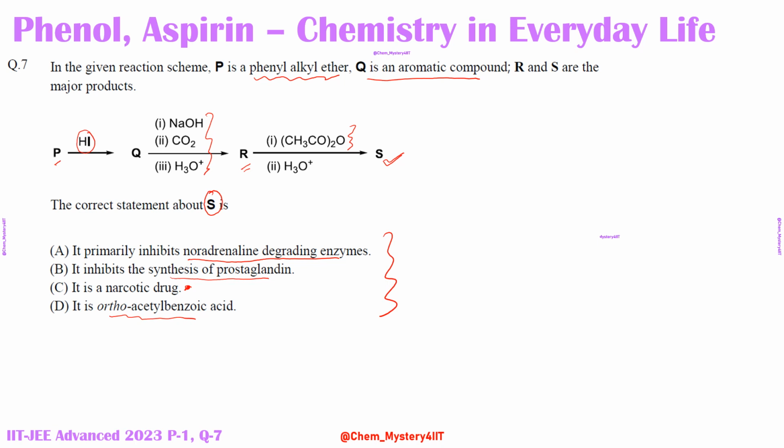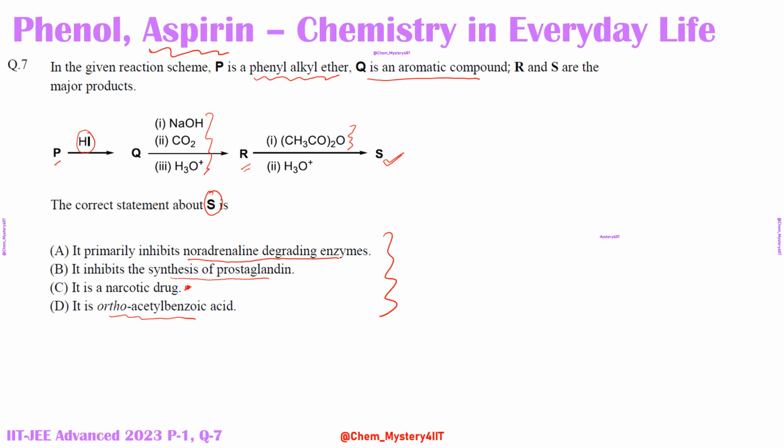And when we are talking about these drugs, aspirin we have known we are calling as the analgesic and antipyretic, and we will be seeing there is a classification of analgesic medicines or drugs. So we'll be then diving deeper into what are these noradrenaline, what enzymes degrade this noradrenaline, and what is prostaglandin, how analgesics are working on the basis of that.